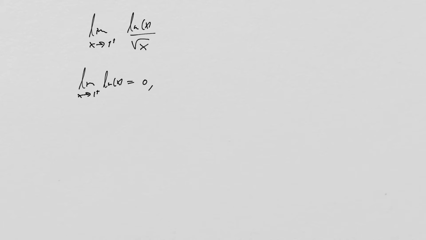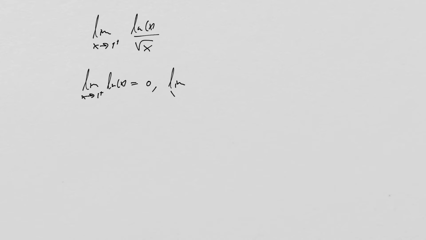And of course we know the limit as x goes to 1 from the positive side of root x is 1. All right, so that means what we have here is a 0 over 1 type limit. And we know, so L'Hopital's rule does not apply.